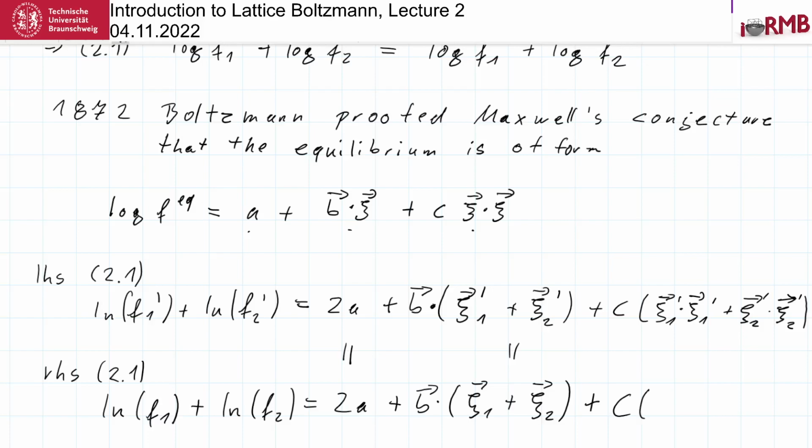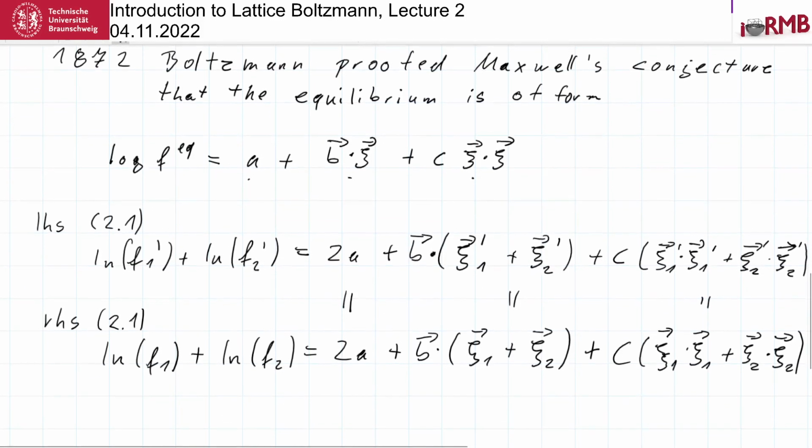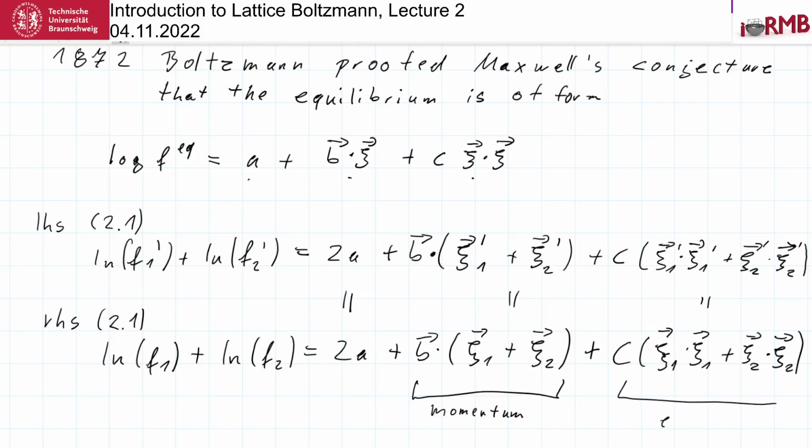Plus xi1 before collision, and the second energy, the energy of the particles before collision, and this again is the same. So this is our conservation of momentum, and this is our conservation of energy.